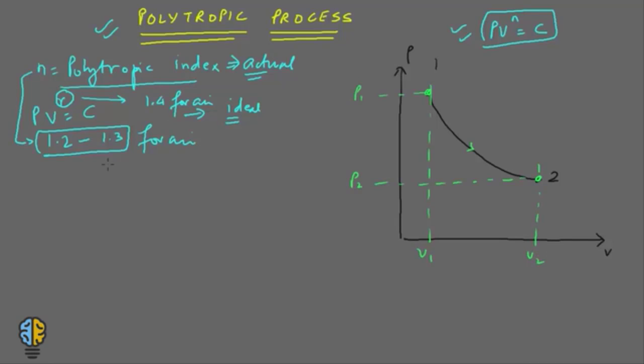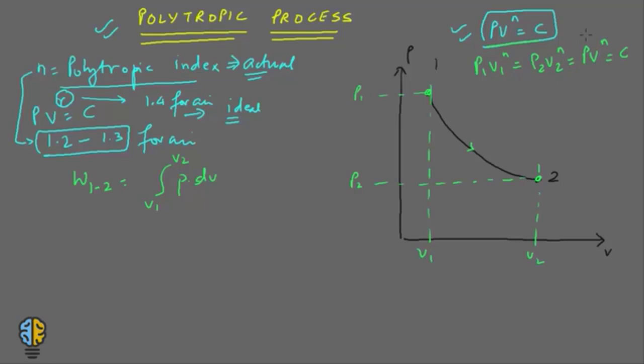Now we all know that the work done in going from 1 to 2 is the integral from V1 to V2 of PdV. The law that governs this process is PV to the power n is equal to constant. So P1 V1 to the power n is equal to P2 V2 to the power n is equal to PV to the power n is equal to C.